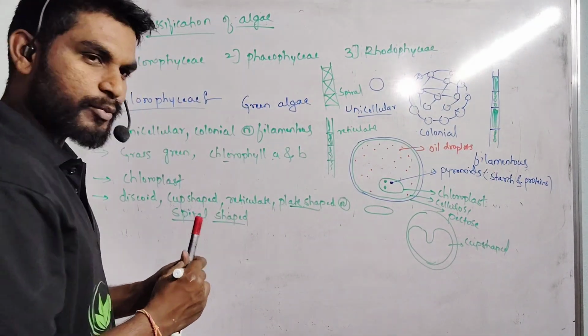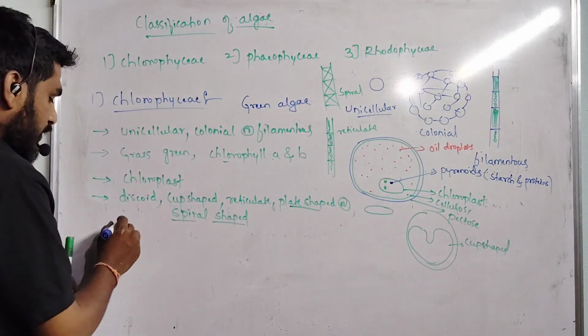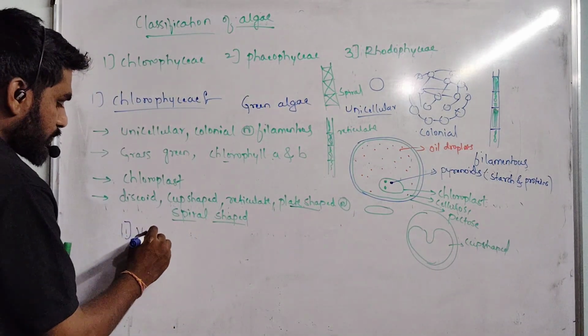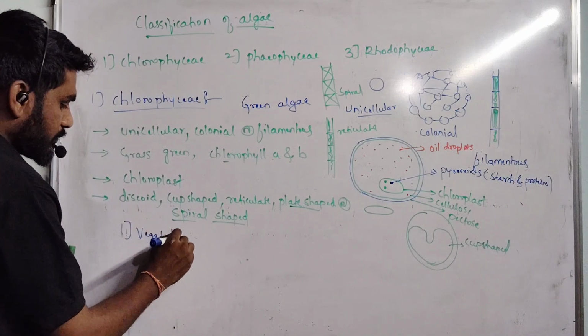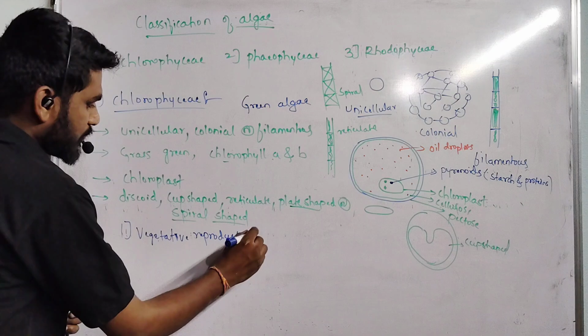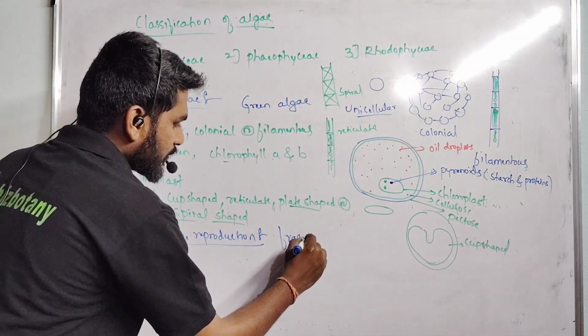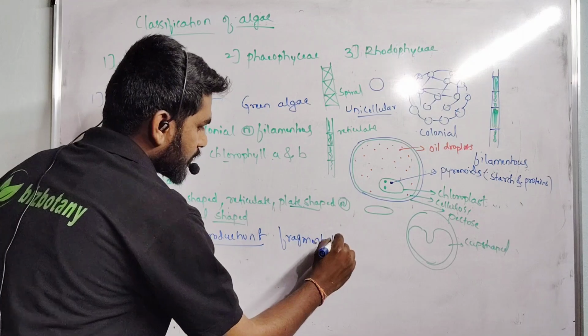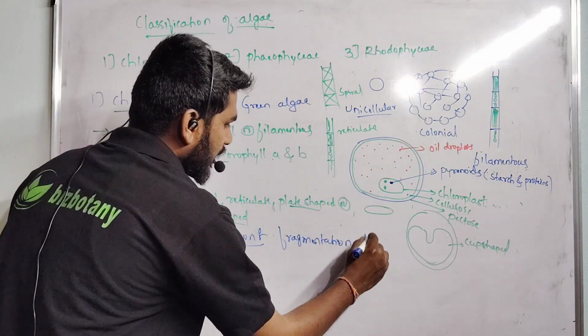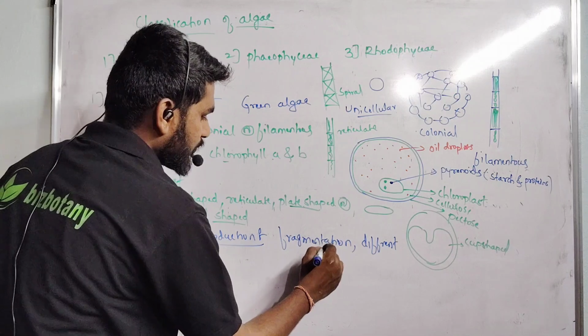When it comes to reproduction, it shows all three kinds of reproduction. Vegetative reproduction: in this case you can see fragmentation will occur, or different kinds of spores will be formed.